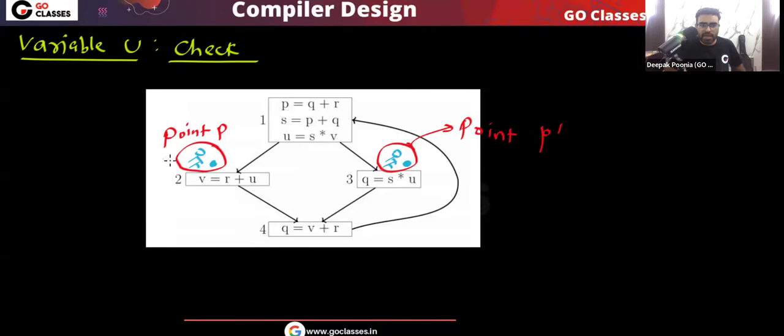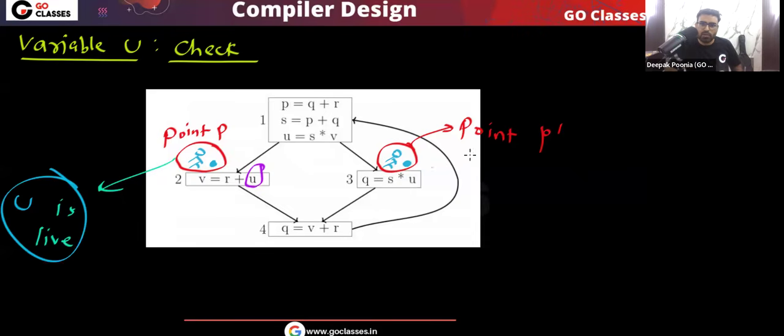So tell me, at point P, what can you say about variable U? Is there any path where variable U is used before it is defined? You can see yes, immediately variable U is used before it is defined. So U is live.